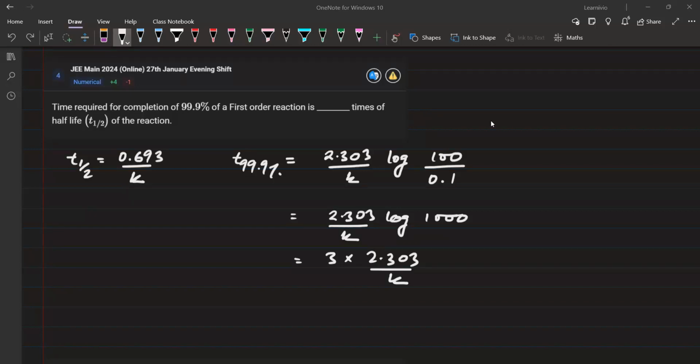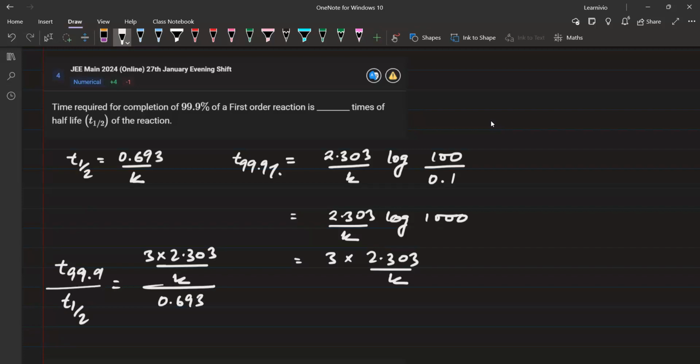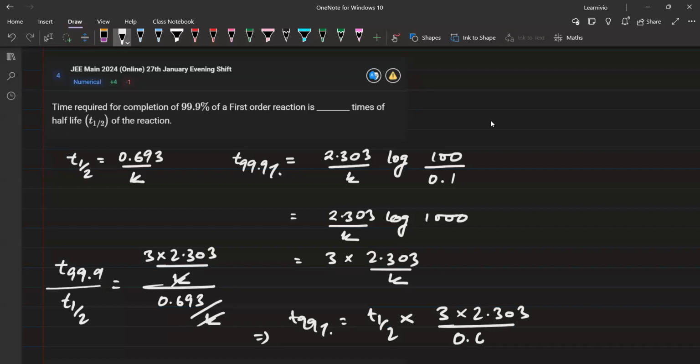So take T 99.9 divided by T half. This is 3 into 2.303 divided by K, and this is 0.693 divided by K. K and K cancel, and you get T 99.9% equal to T half multiplied by 3 into 2.303 divided by 0.693.